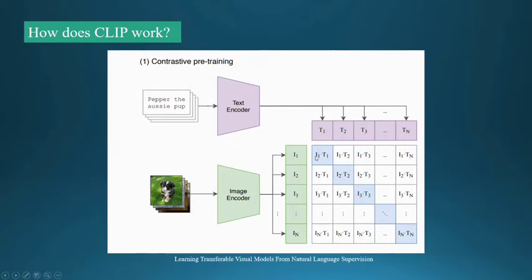The objective was to increase the value of the elements on the main diagonal to be 1 and push the other elements to be 0, because we know that I1 corresponds to T1, so this value must be higher than the other values in this row and in this column. This is the cosine similarity, done with the dot product.